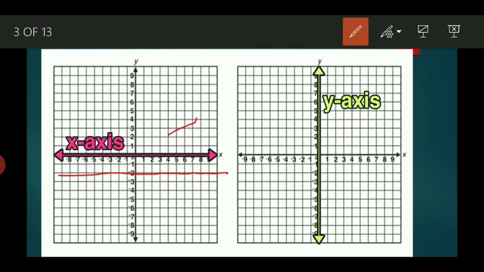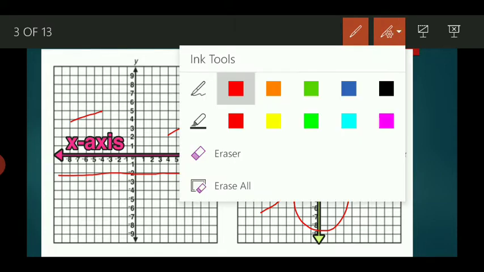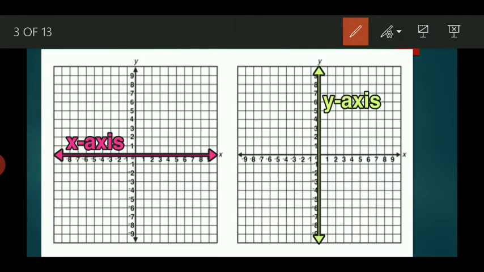The right hand side represents positive values and the left hand side represents the negative values of the x-axis. Similarly, the vertical line represents the y-axis. The top part represents the positive values and the bottom part represents the negative numbers of the y-axis. And this is the place where you are supposed to plot the graph.